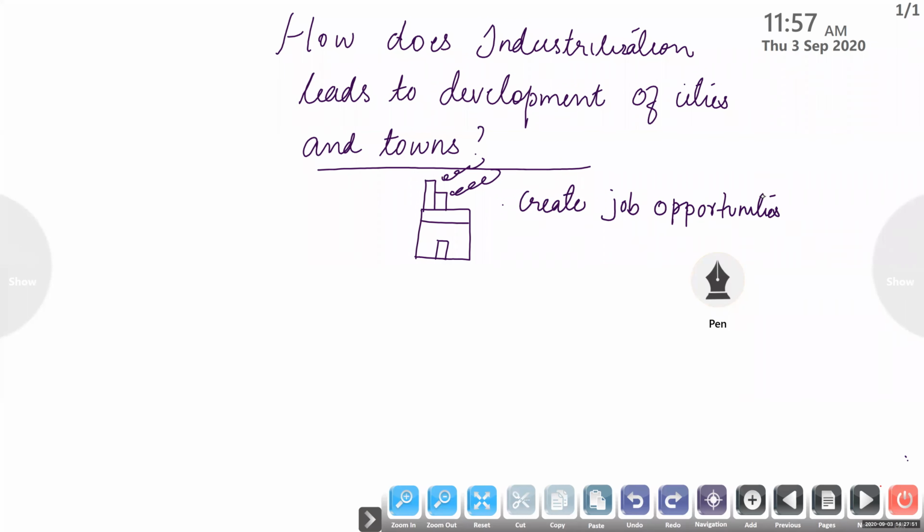It creates job opportunities. Definitely it will create job opportunities. So there is high demand for factory labor, right? As more factories are developed, people will start settling in the particular place.